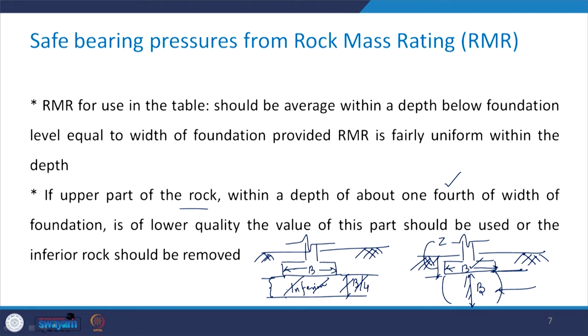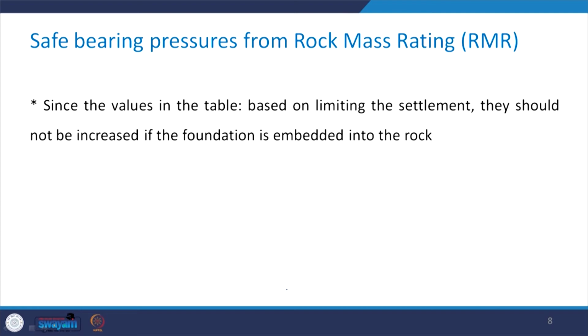So, these are some of the things one needs to keep in mind when you use RMR to obtain the safe bearing pressures. Since the values in the table, as discussed, are based upon the limiting settlement, they should not be increased if the foundation is embedded into the rock.